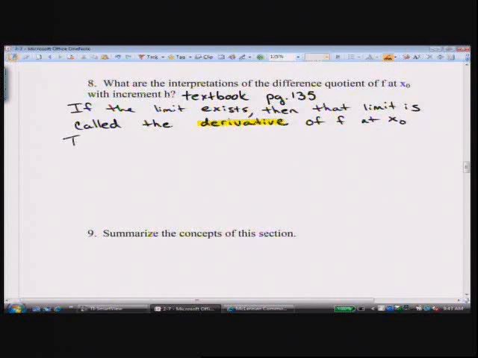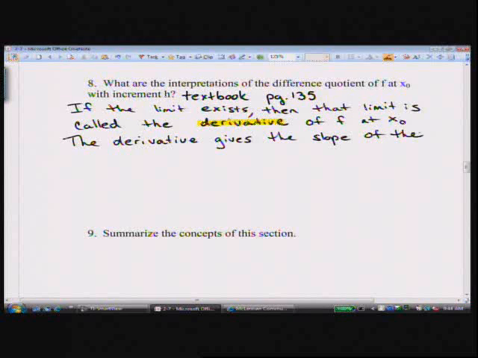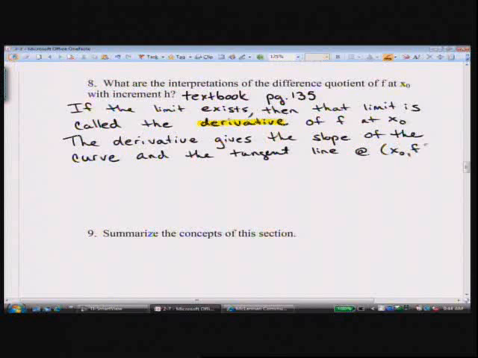The derivative gives the slope of the curve, and if you know the slope of the curve, you can then compute the tangent line at the point x naught, f of x naught.